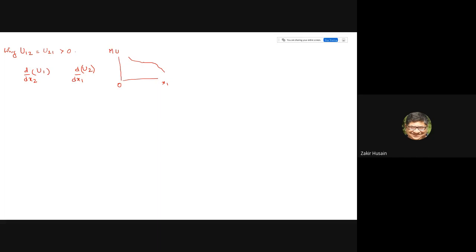So if you're consuming a certain amount of x1, you're going to get u1, right? Now suppose you increase consumption of x2. How will the marginal utility be affected?